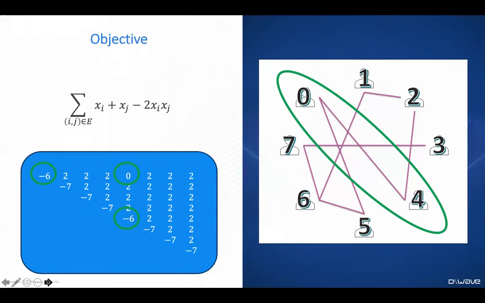In this case, we're just picking the edge from 0 and 4, that one across the diagonal. And you'll notice that what we've done is we added a 1 both to the x0 term, that's the top left, and then the fifth one is the minus, now a minus 6 there in the middle. That's the number 4 term.